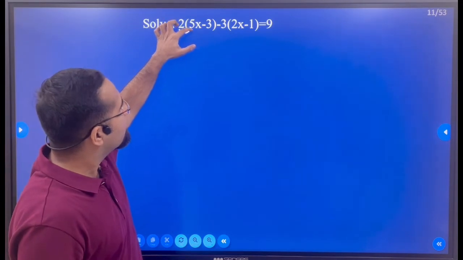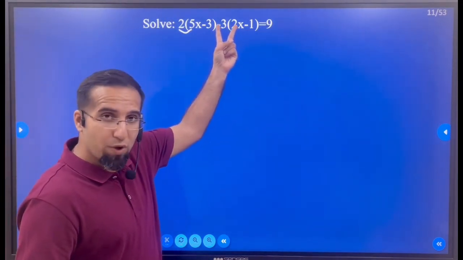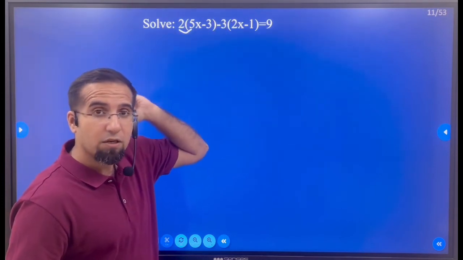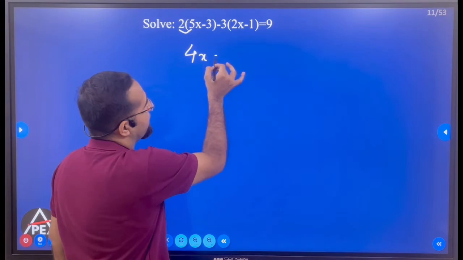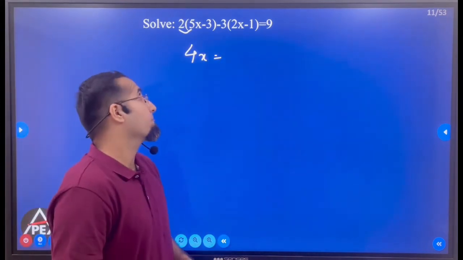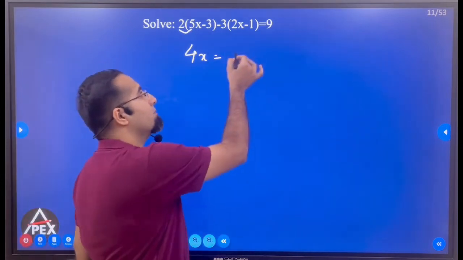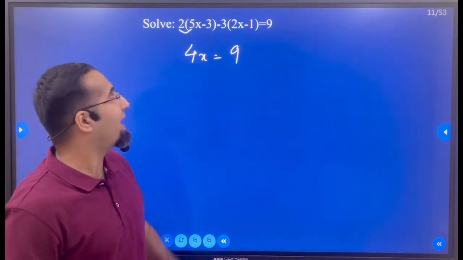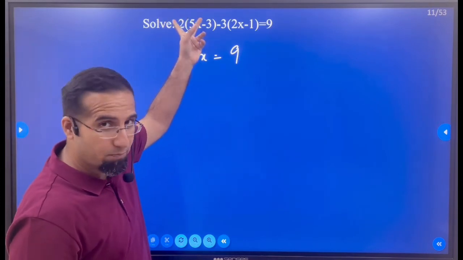My x's are coming from here. 2 fives are 10x. 3 into 2x is 6x. There is a minus sign. So 10x minus 6x would give me 4x in the least possible number of steps. Now all the constants will be moving to the right hand side. If you have a problem, you can just keep on writing them. You have a 9. 2 into 3 is 6. There is a minus sign, so that becomes a minus 6.